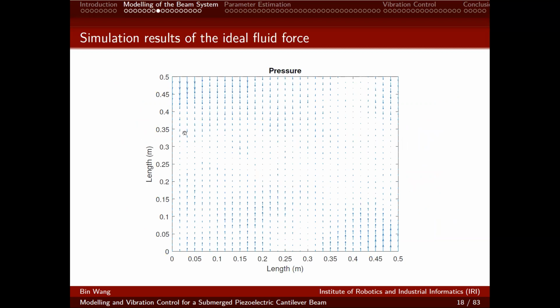This is a fluid domain with the left wall, the right wall and the bottom wall fixed. At the top, it's a free face, an open area. So at both the spatial and the time points, we have computed the pressure at each point in the fluid domain.